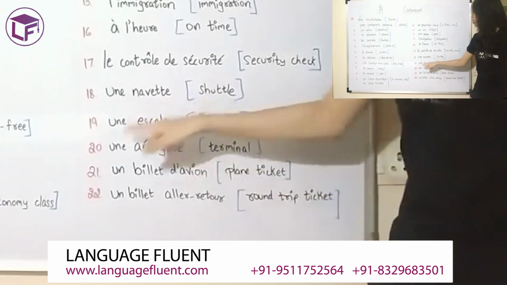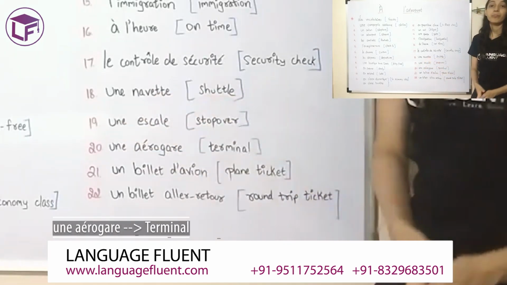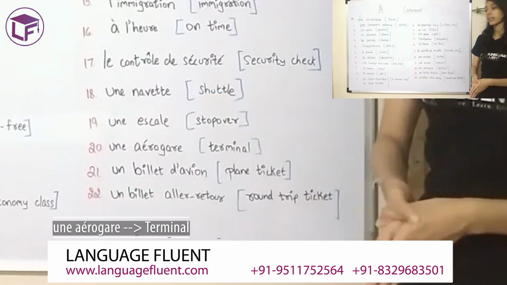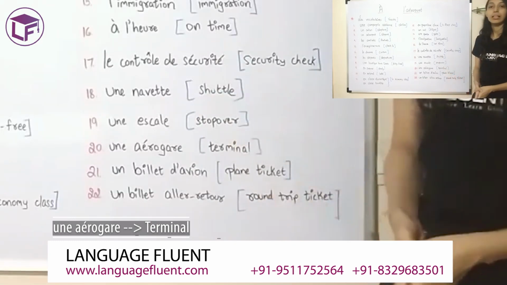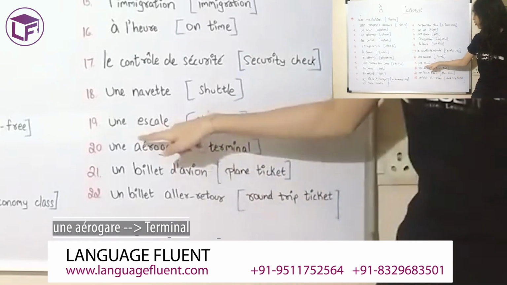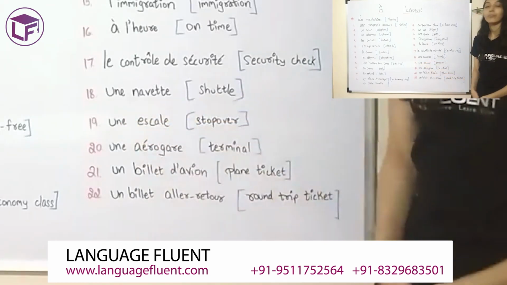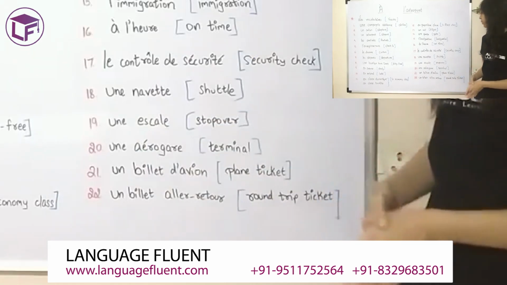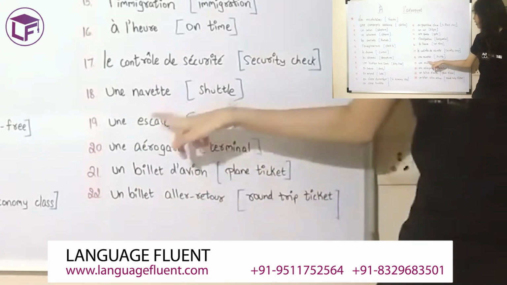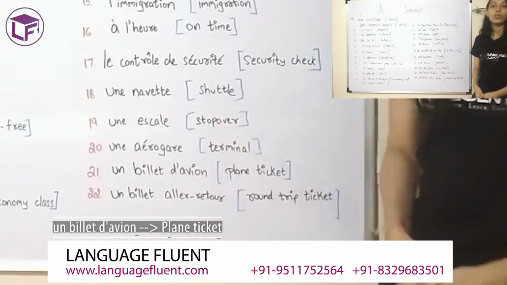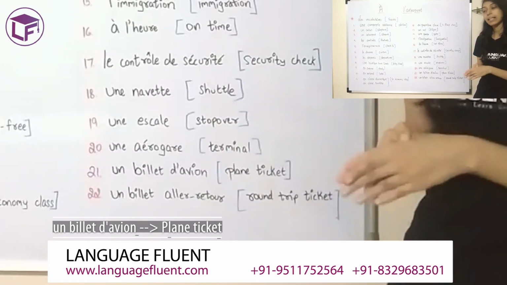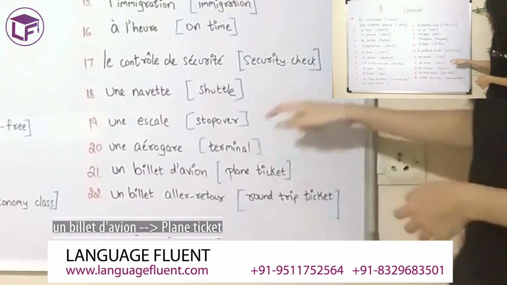Then we have une aérogare, which is terminal in English. Aérogare is feminine, so we write une aérogare. The next is un billet d'avion, which is plane ticket.